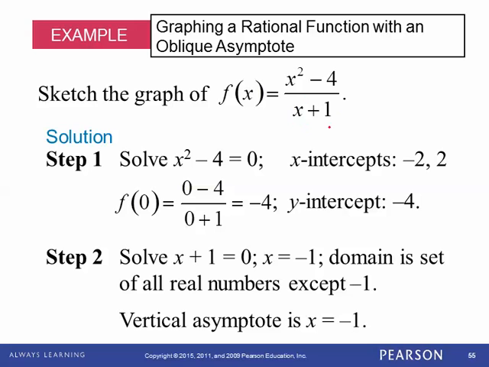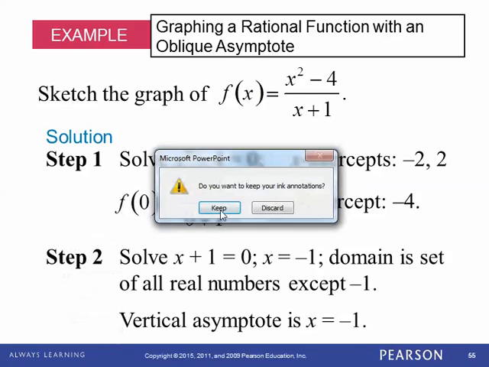Yeah, x equals negative 1, right? Do we have a horizontal asymptote? No, because the degree on top is bigger than the degree on the bottom. But since we don't have a horizontal asymptote, the next question is, do we have an oblique asymptote? That's what we're going to get into next. Do it this way here.